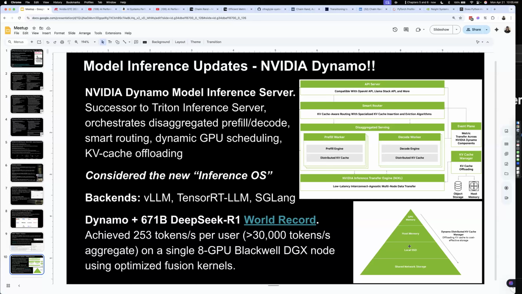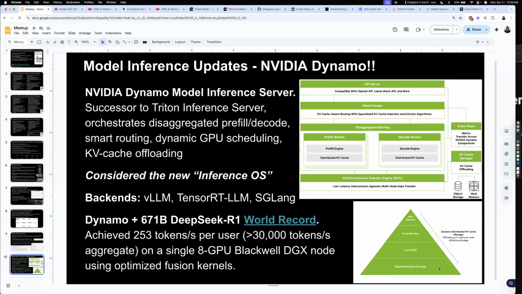In the bottom right, you can see the caches can be in GPU memory, host memory, local SSD, and shared network storage. The fast, smaller memory is at the top, and down at the bottom is the slower storage. What was interesting was NVIDIA has been referring to this as the inference operating system, which is an interesting way to look at it, but let's just go with it. It's good enough for me, so I'll stick with it.